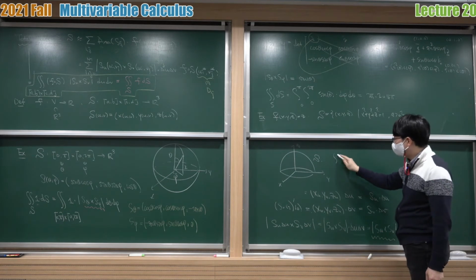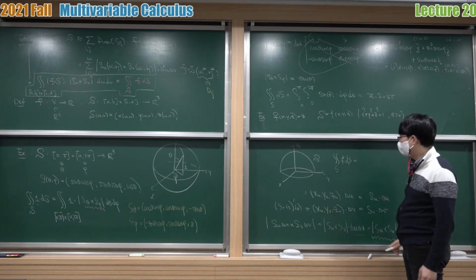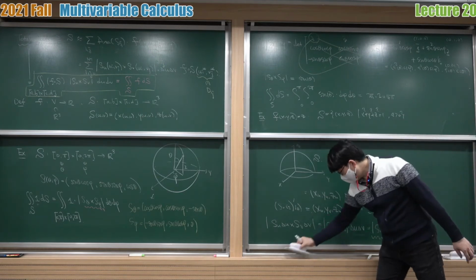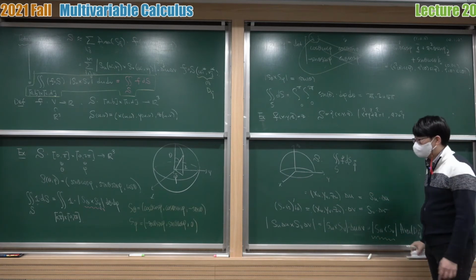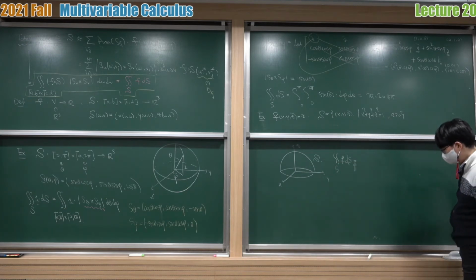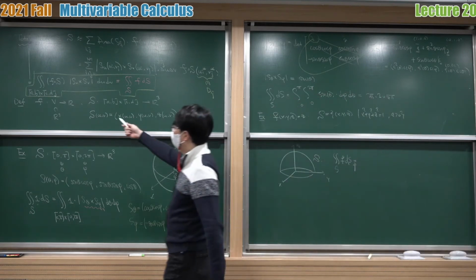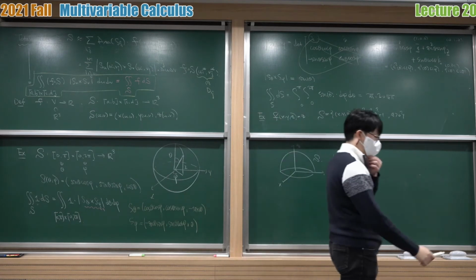So let's try to find the surface integral of f over S. What do you need to do first? You want to apply this formula. What do you need to do?